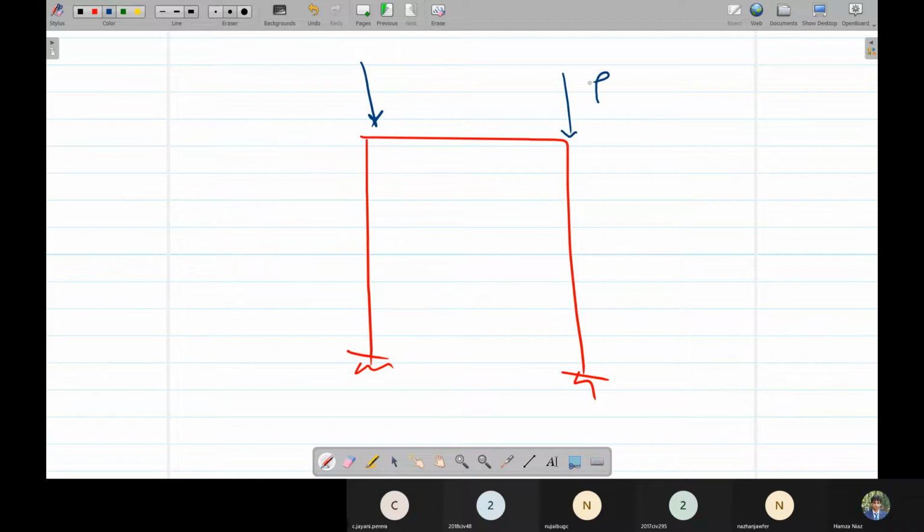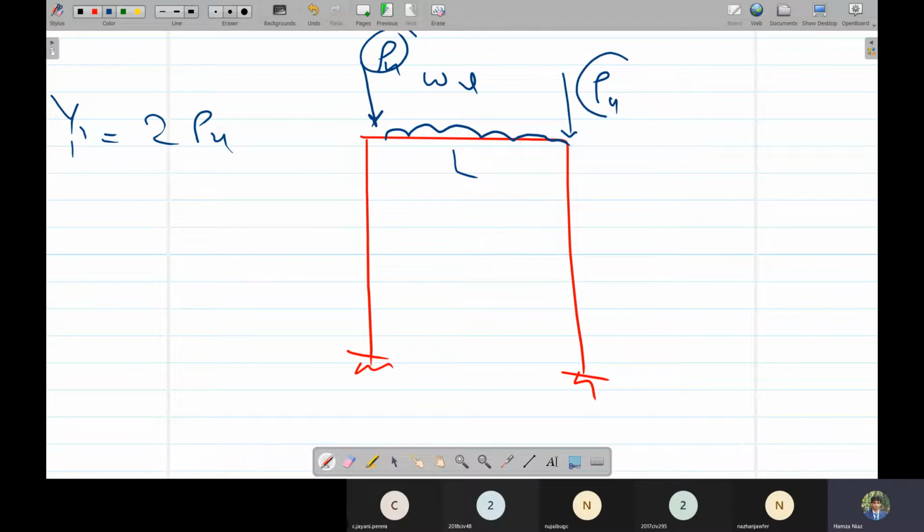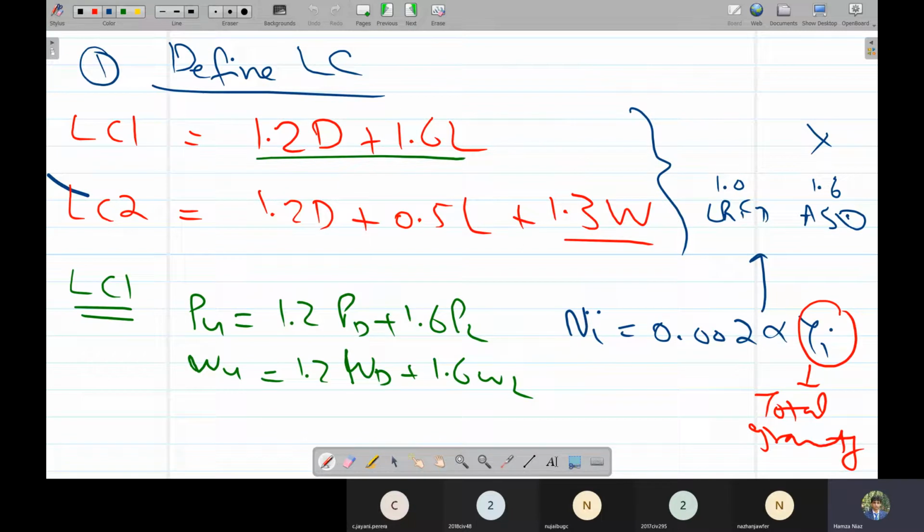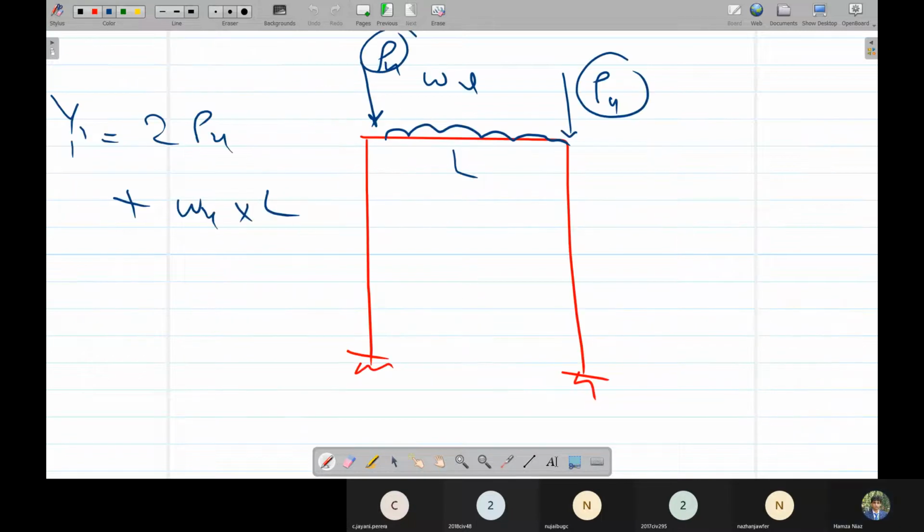So for example, this is our column, this is our frame. The total gravity load would be 2 times PU, these two loads, plus omega U, which is UDL, times length. This would be the total gravity load on the frame. So we'll use Yi as this one.